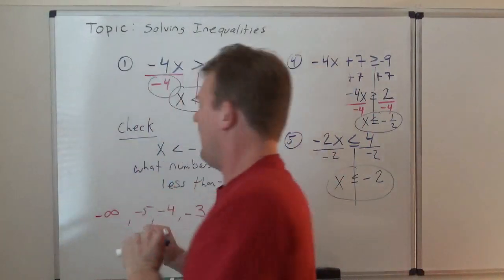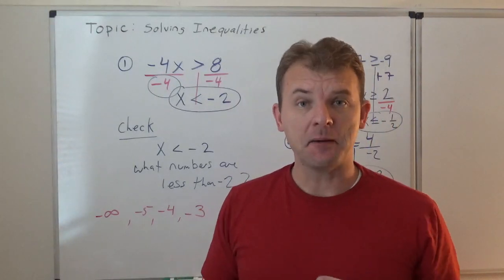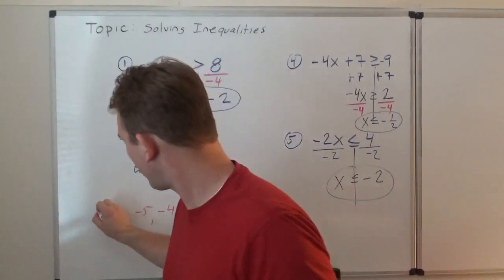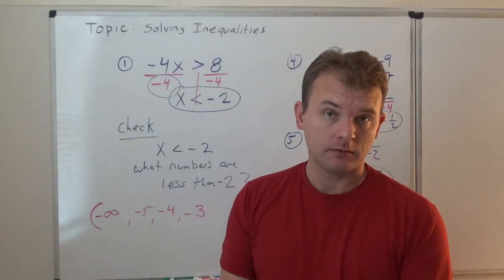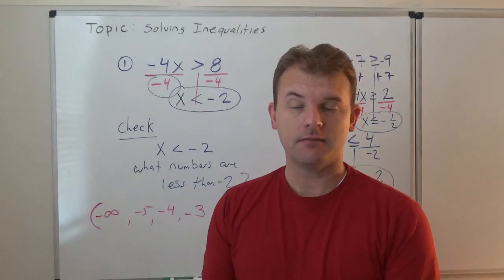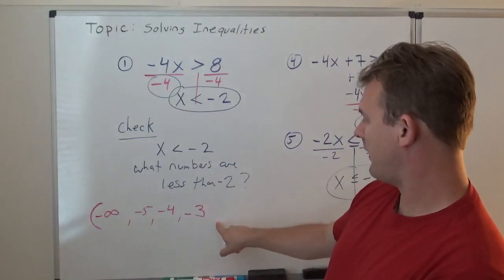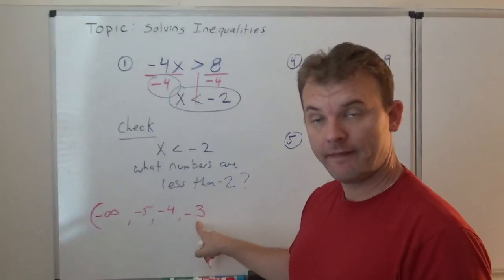Okay. -infinity is not yet defined as a number, so we can't really include it. So what we can do is do something like that. We can't include it because it's not really a number yet. And then it says -3, we cannot have -2. But can we put -3 in there?